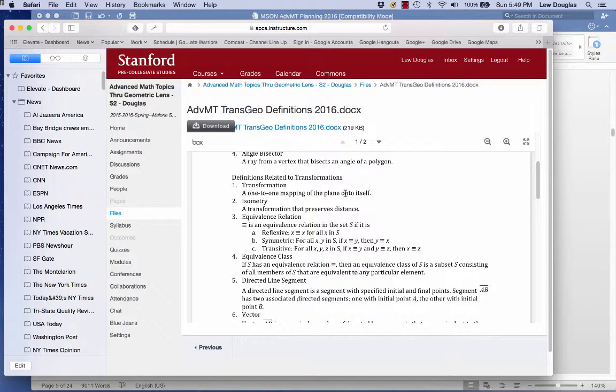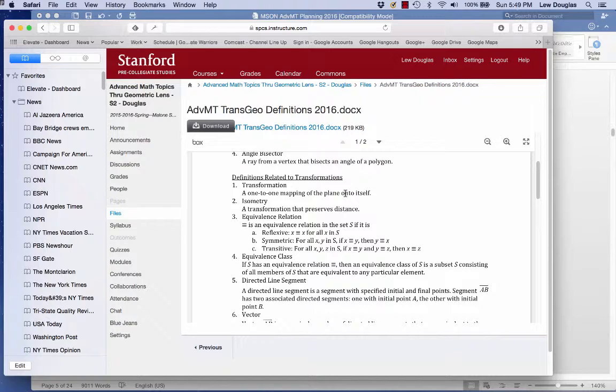An isometry, on the other hand, is a very specific kind of transformation. It's one that preserves distance, and that turns out to be a very stringent condition. We've had 3 examples: reflection, translation, and rotation.